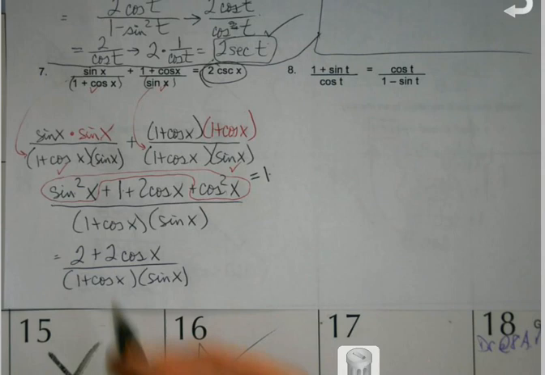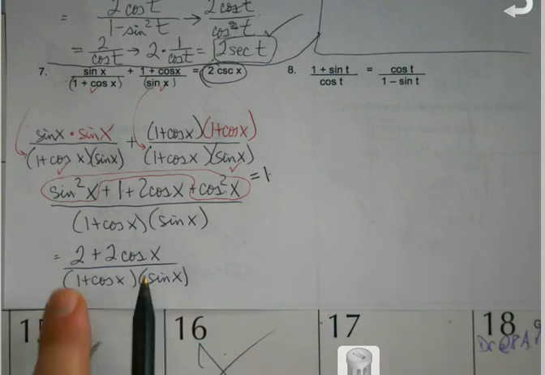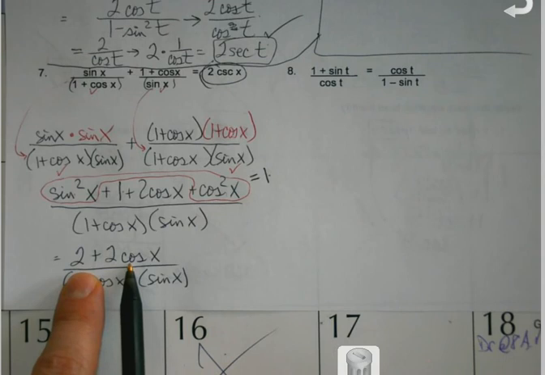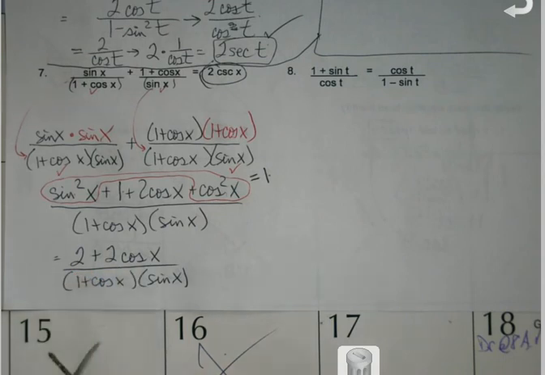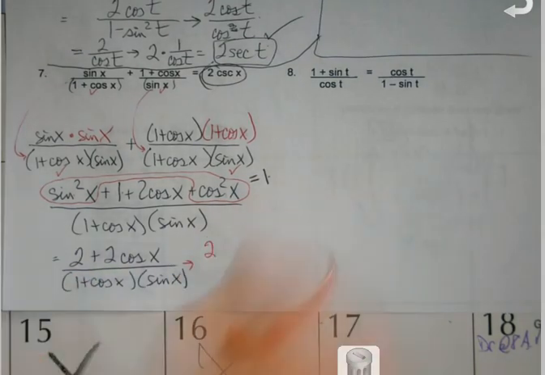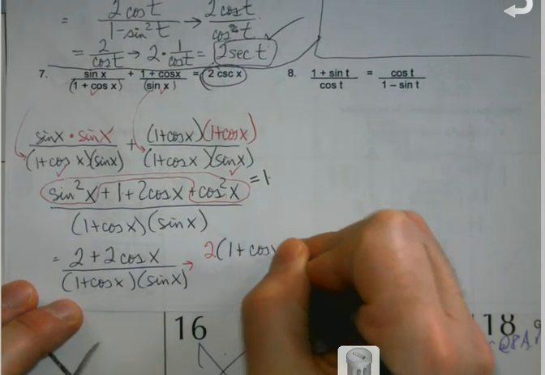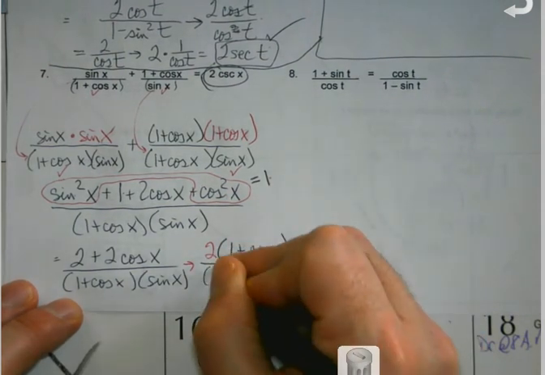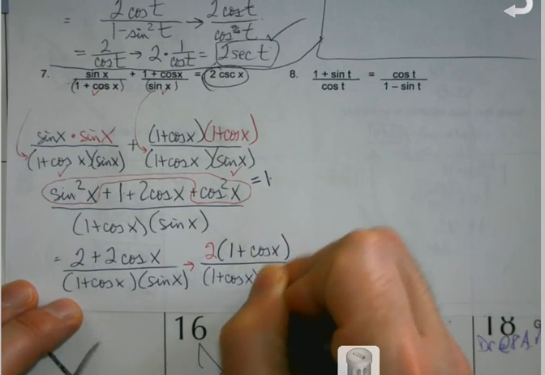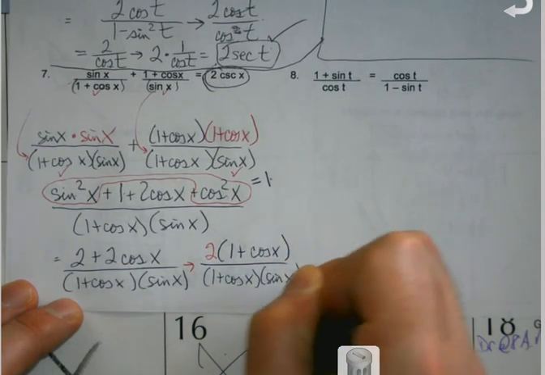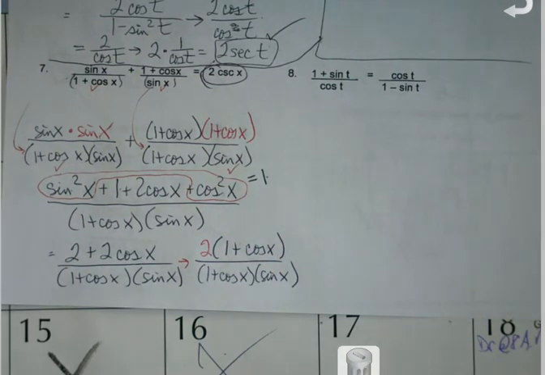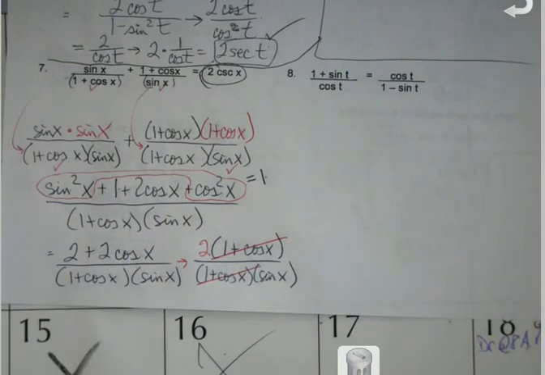You're like, blast it, these are close to being the same. Wait a minute. Those two terms have anything in common? 2. If I take the 2 out, now all of a sudden, all I see are parentheses and multiplication everywhere, which now means I can cancel those out.